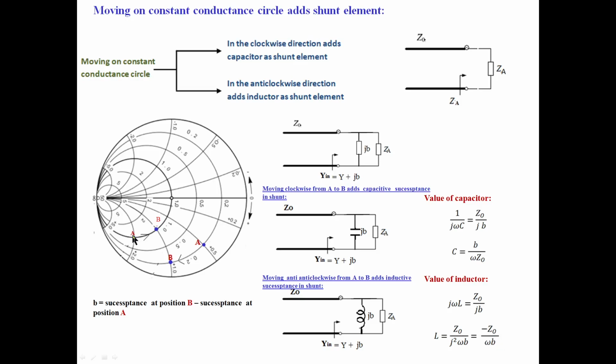Moving on the conductance circle always adds a B, you should find out the susceptance values. B value you can find out using this equation. Moving on conductance circles, either in the clockwise direction or anti-clockwise, you can find out the element values like this. So this is about moving on the conductance circle or the resistance circle.